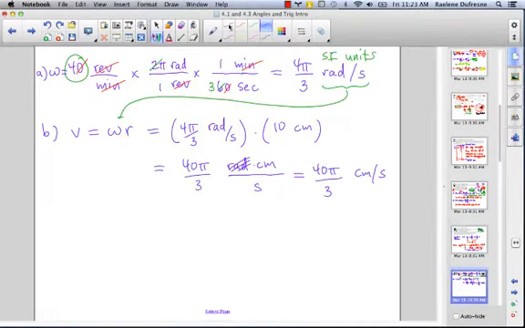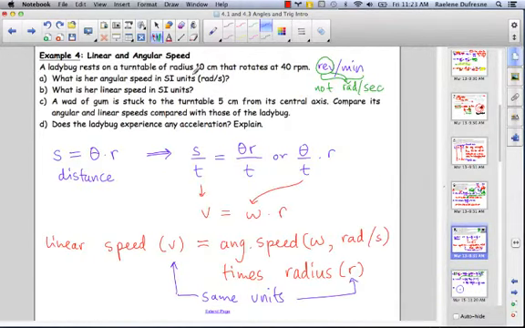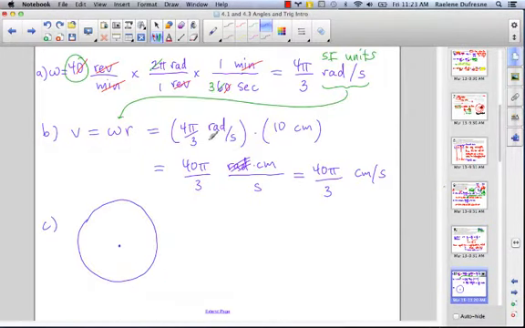Well, in part C, let's just draw a little picture. We have our turntable. We have that the ladybug is resting on the turntable of radius 10. Again, it wasn't clear in the problem, and a test question would be clearer, but we will assume that she's at the edge, which gives her a radius or distance from the center of 10 centimeters.